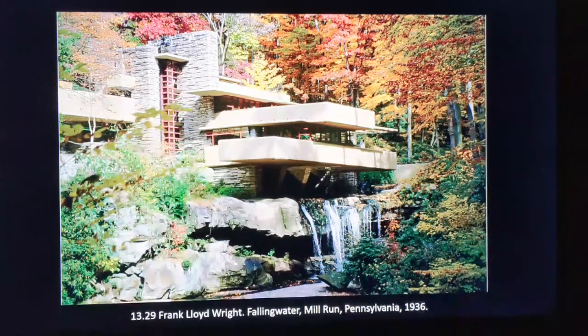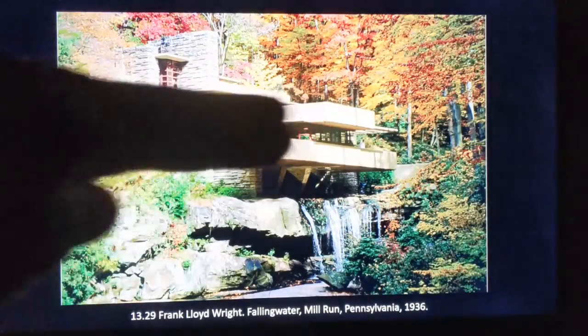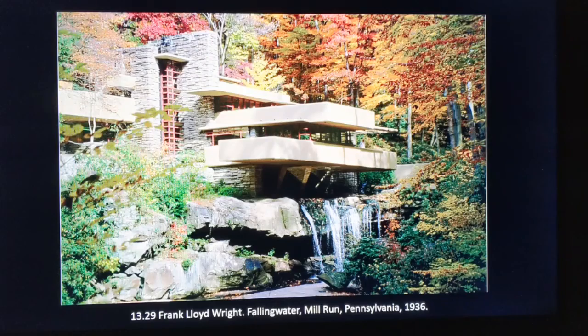And that is achievable by adding tensile strength. So in this case, you're reinforcing that concrete with steel bars, rebar on the inside, and then that is making it strong enough so it can horizontally overhang like this and have no columns or posts underneath it supporting that.